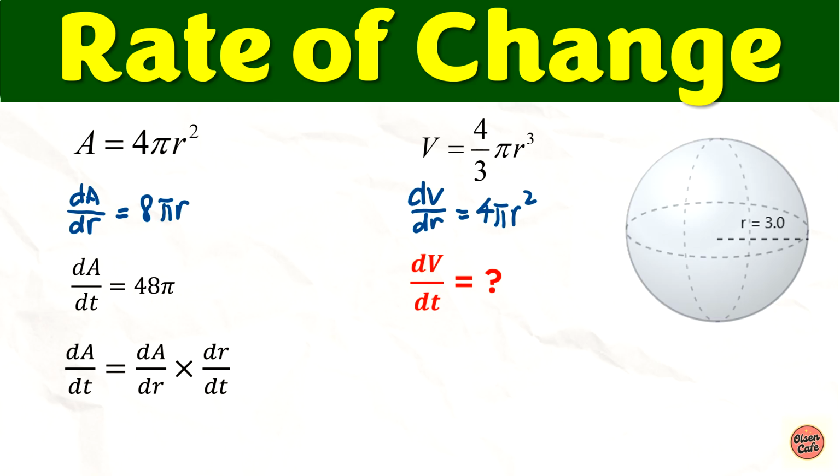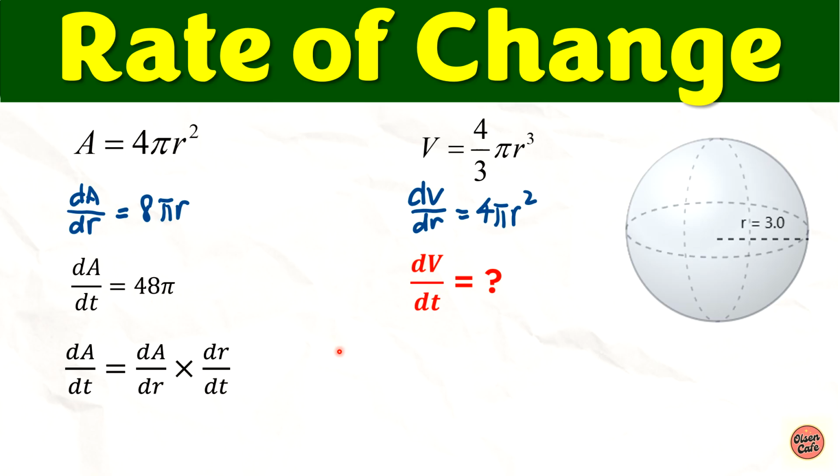First of all, I know that dA/dt is equal to dA/dr times dr/dt. This is the most important rate of change formula that all of you must be able to write down. We can see that dr and dr can cancel away, and this will give you dA/dt. So this is the most important rate of change formula you need to know.